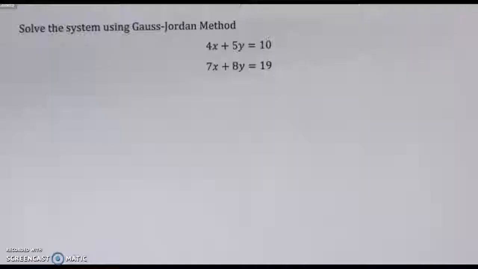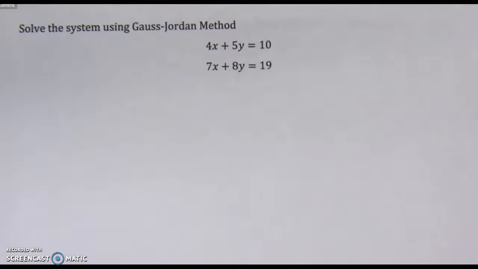So let's solve 4x plus 5y is 10 and 7x plus 8y is 19 using the Gauss-Jordan method. So first of all, I see that it's already written with all the variables on the left equals our numbers on the right.